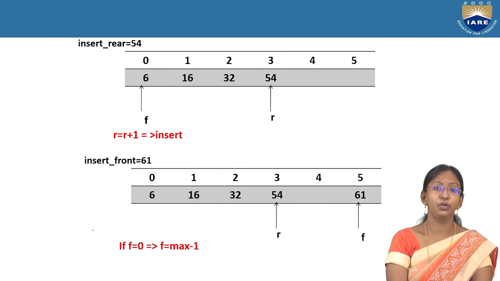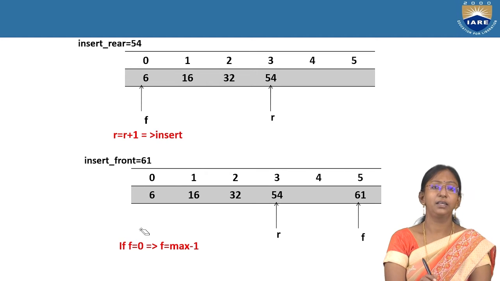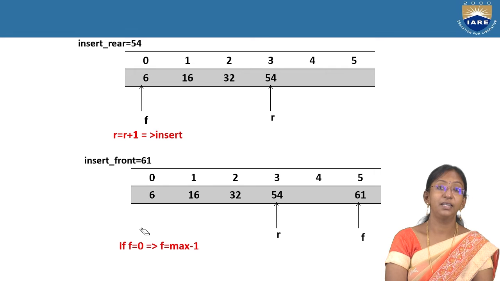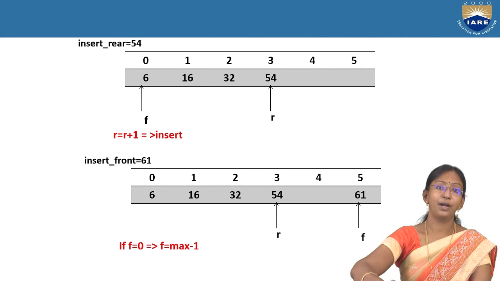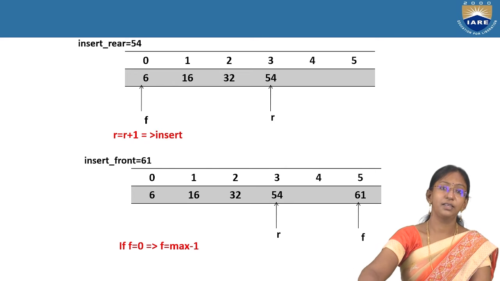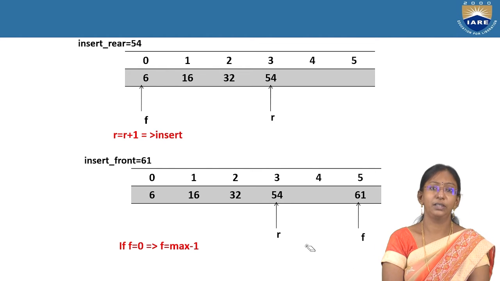As it is pointing to the least index value 0, and as I have said, double-ended queues are basically circular in nature. That is, you can traverse from the highest index value to the 0th index value, right? There is a relation between them.